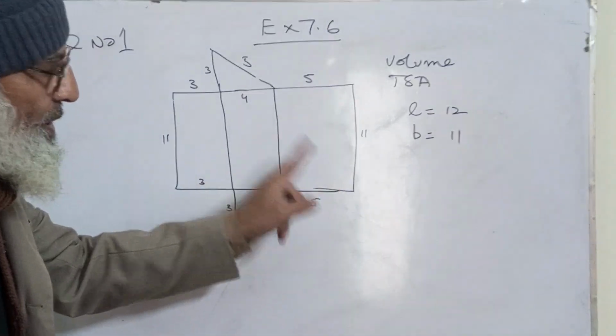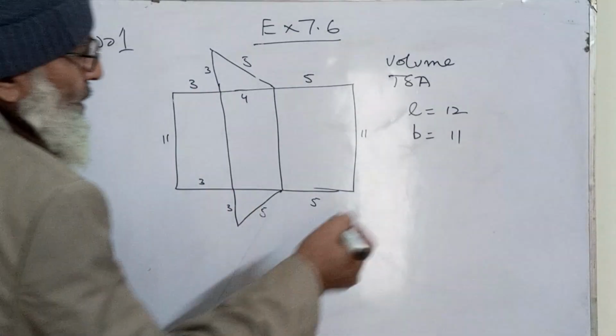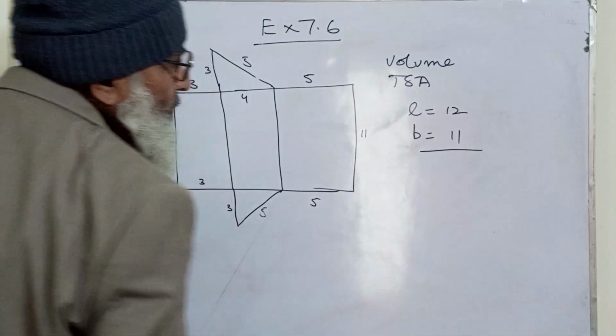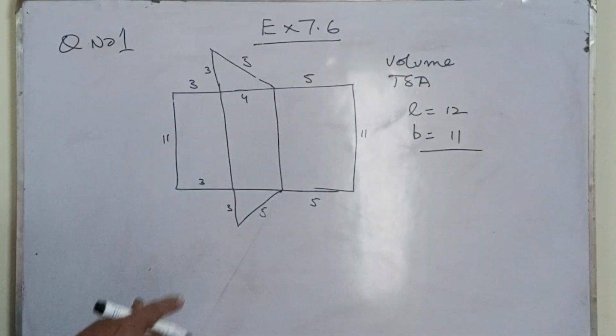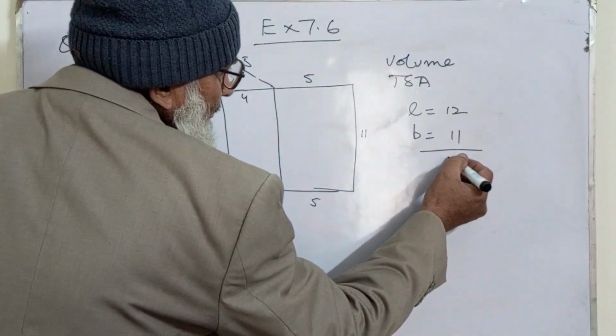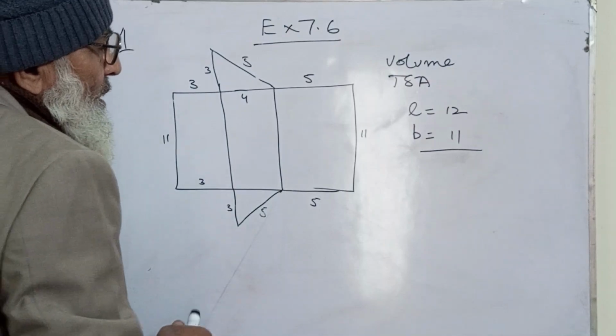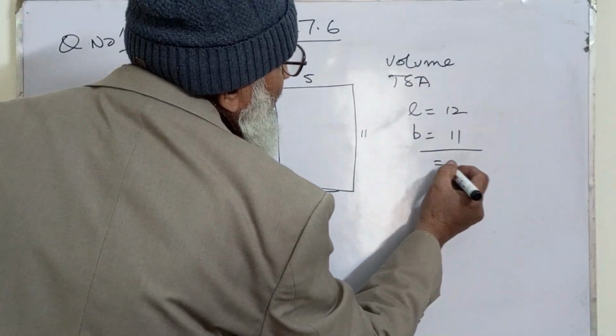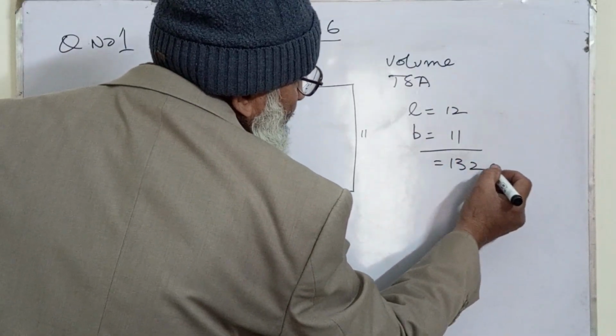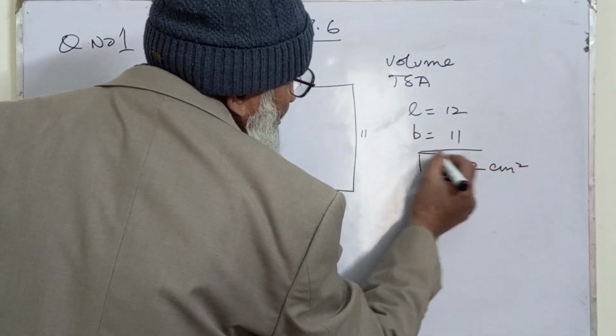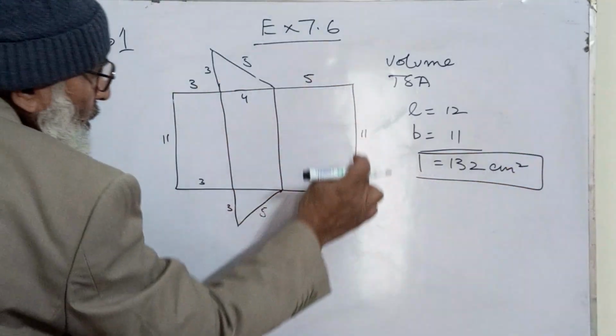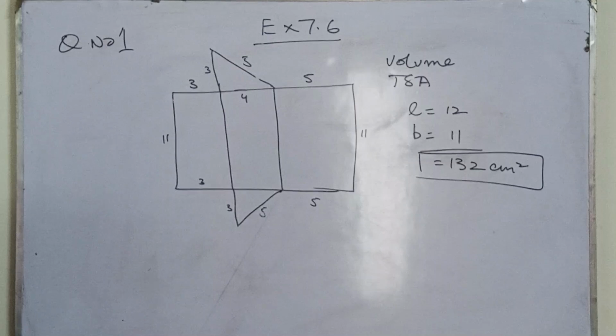Breadth is 11, which is already given to you. For the area, just multiply. It will become 132 centimeters square, because this is the area of this rectangular figure.